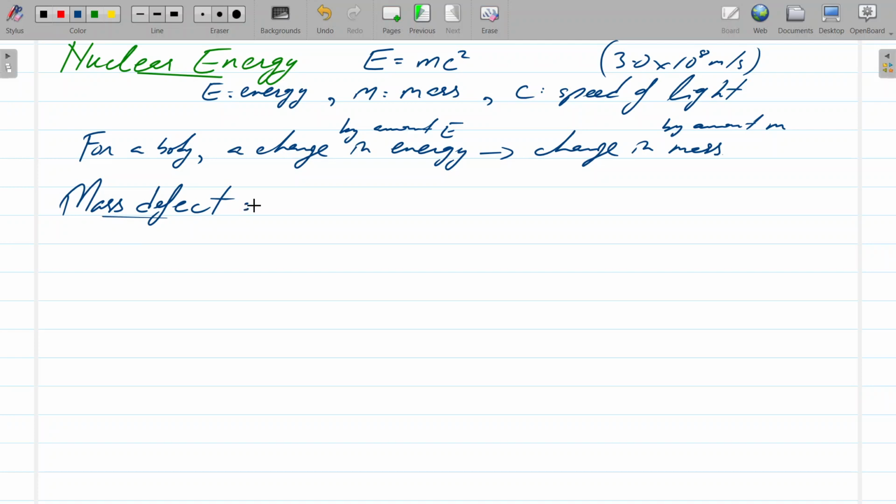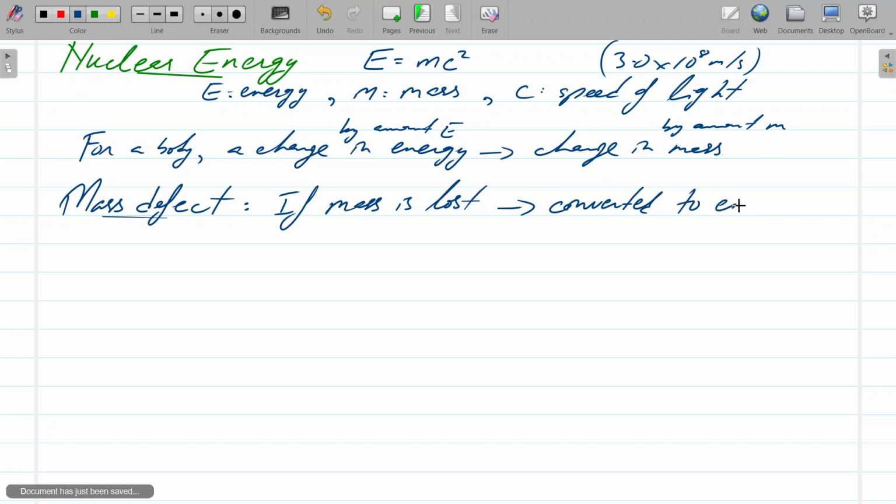What this means is if mass is lost, it is converted to energy, right? But the changes in energy and mass in physical and chemical changes are very, very small, so we don't really talk about those.